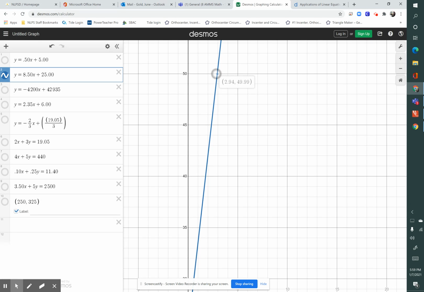We see that we've spent $50.50. It's kind of hard to show this. There it is. Try it again. We get exactly at 3, and we've spent $50.50. There it is. So let's go back to these problems.